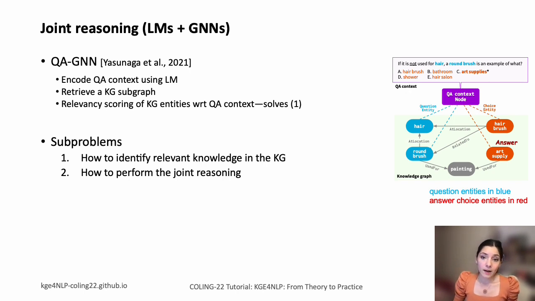The QA context is encoded by the language model. First, it retrieves a subgraph of the knowledge graph, then it realizes a relevancy scoring of the KGE entities conditioned on the QA context using the pre-trained language model. This solves the first sub-problem.